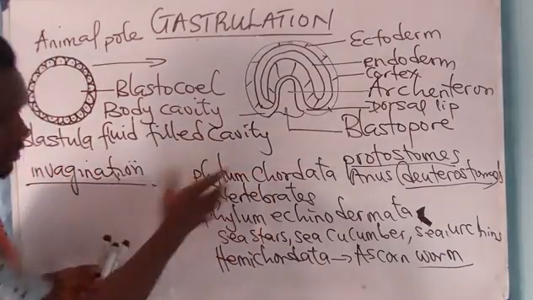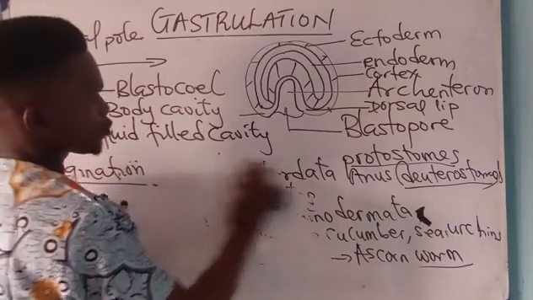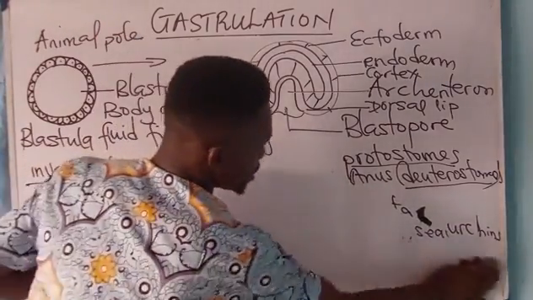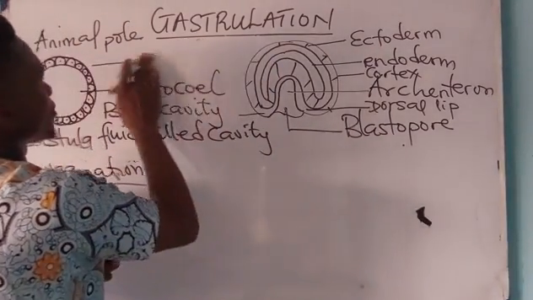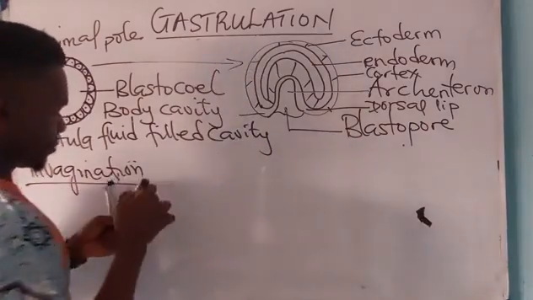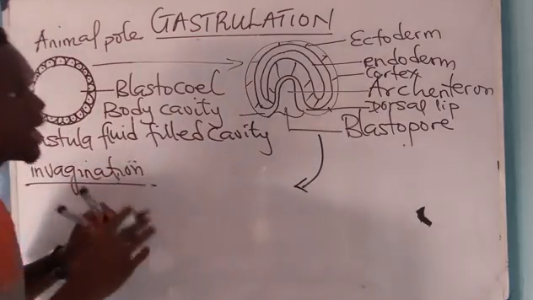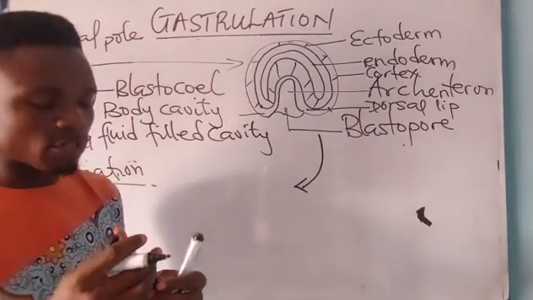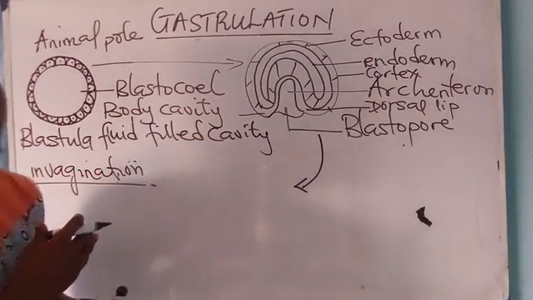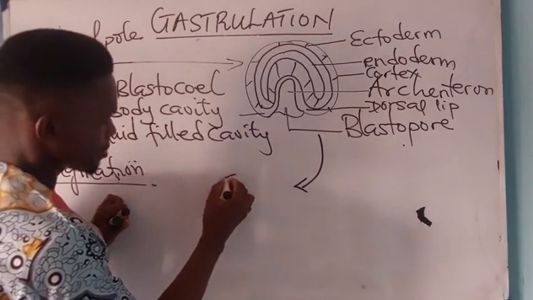Now, from this very structure, it develops into a three-layered embryo. So at this point, you now have the three germ layers. Of course, the mesoderm is actually found between the ectoderm and the endoderm.